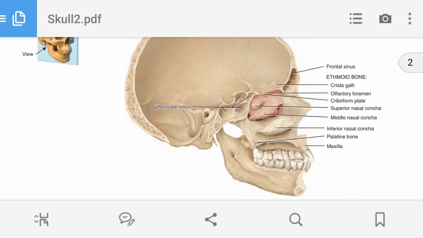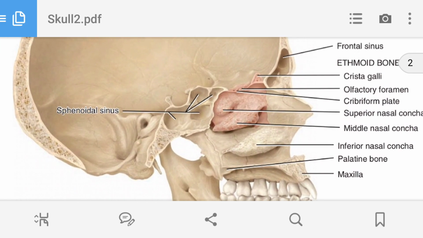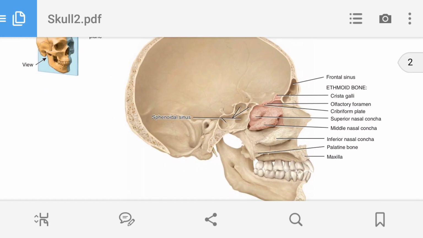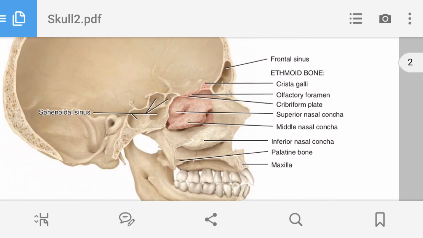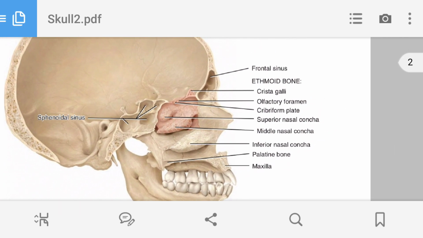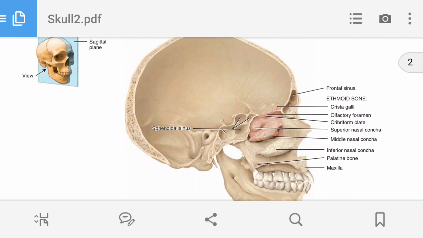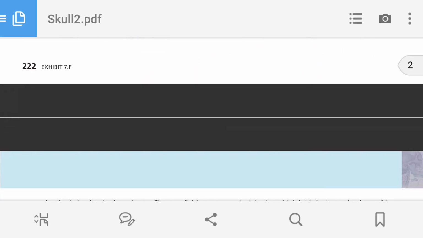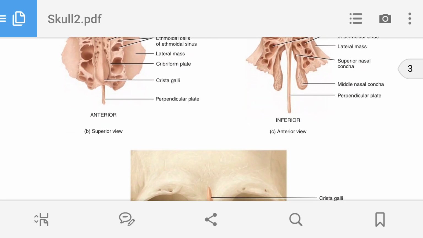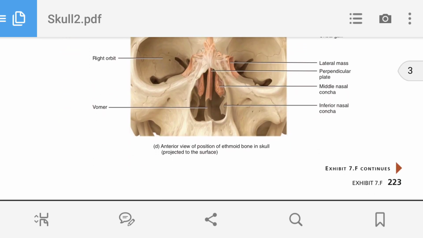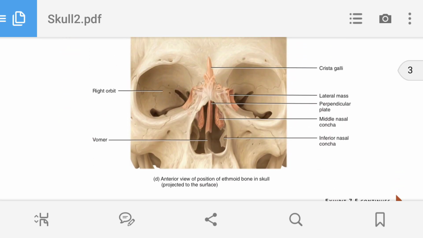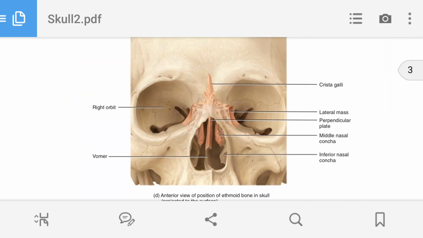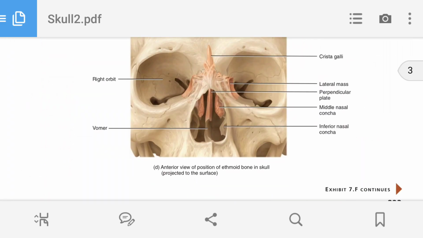Ethmoid bone. Then the names of the parts, but you don't have to prepare the parts. You see, the reddish brown color bone is only the ethmoid bone.